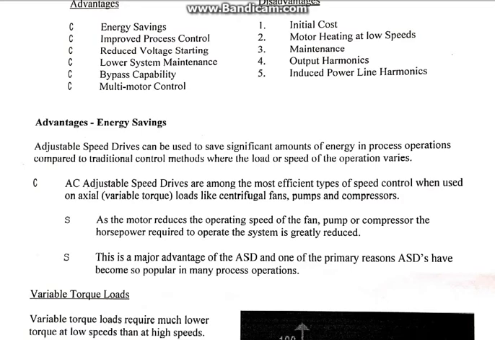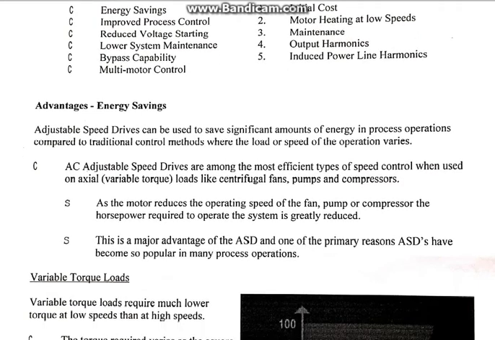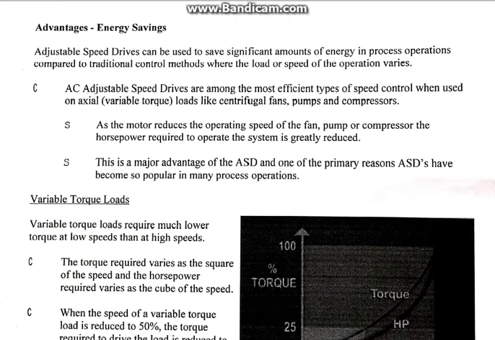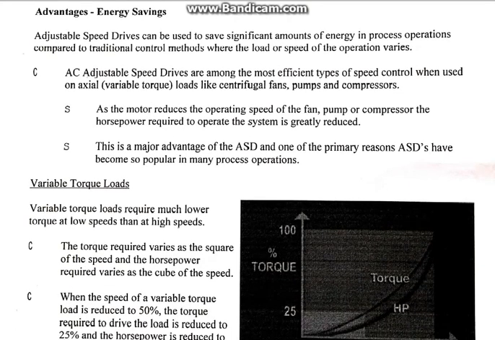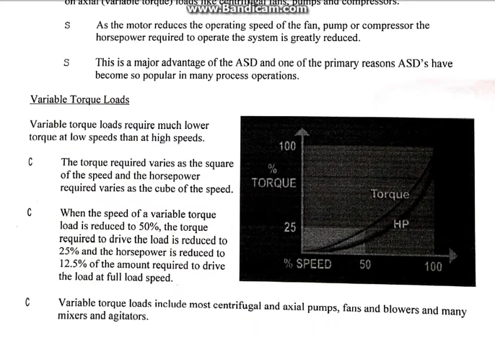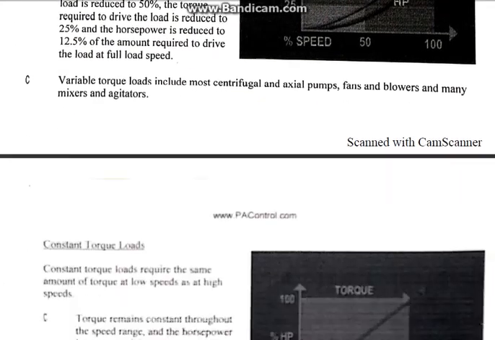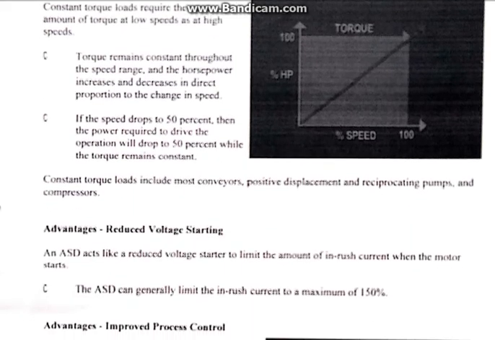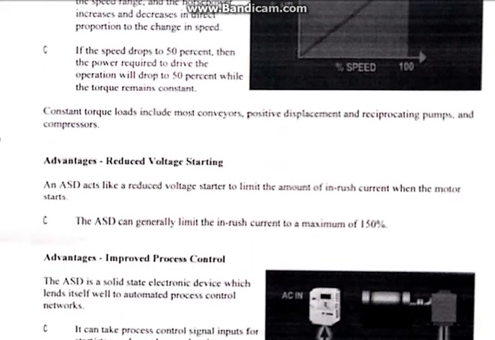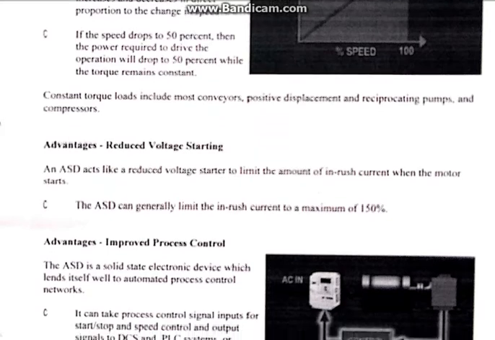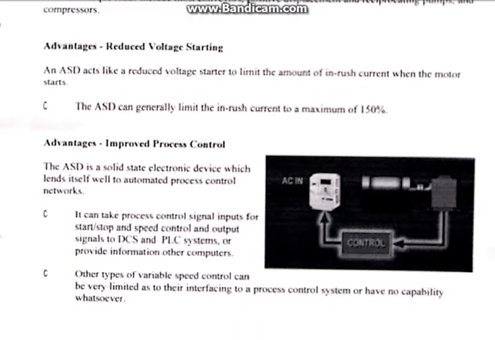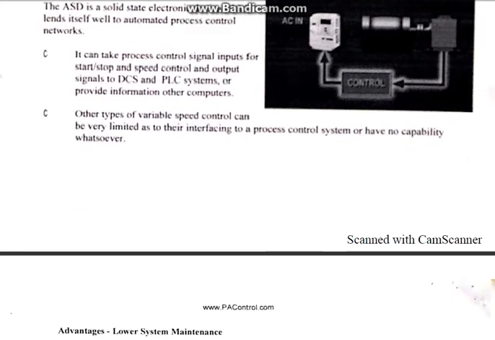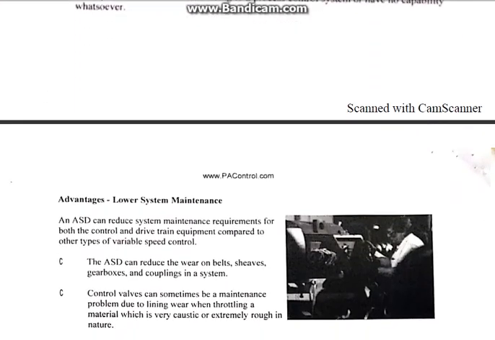A detailed explanation is given about each advantage of ASDs. That is, first one is energy savings, then variable torque loads with graphical representations, then constant torque loads with their graphical representation, then reduced voltage starting, shown over here with the block schematic, improved process control, then lower system maintenance.